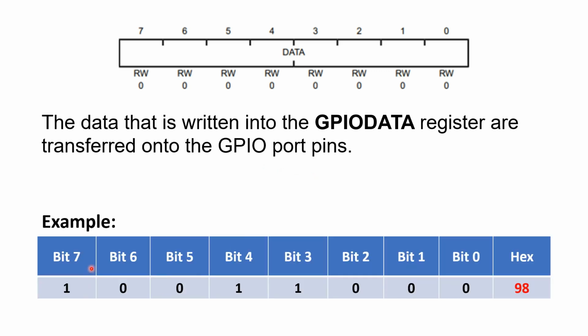So if we have this example, then this data itself will be presented on the physical pins. So if there are LEDs connected to these positions, those LEDs will be switched on. In this case, the hex value would be 98 in hexa.